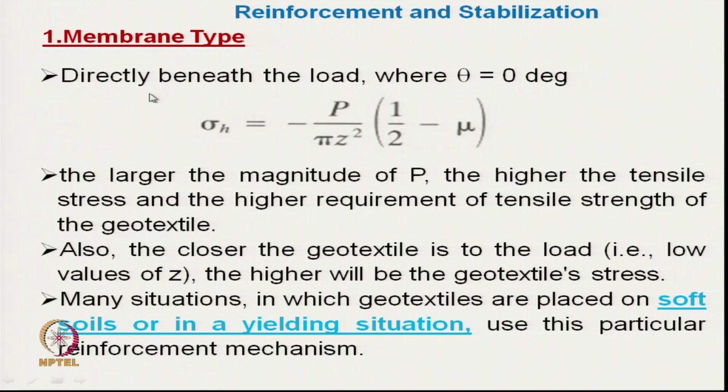If we increase Z, that means if we place the geotextile at a higher depth, the stress on the geotextile will be low. The situations where geotextiles are placed on soft soil or yielding situations, this type of reinforcement mechanism is important, where the soils can move sideway.